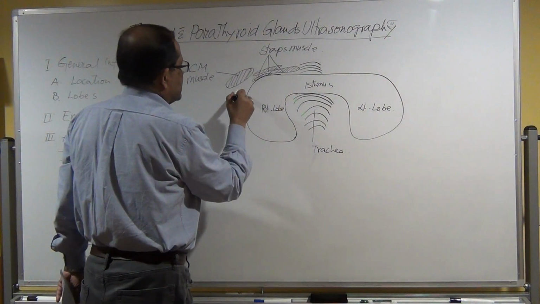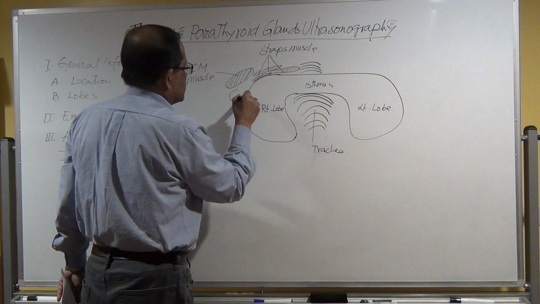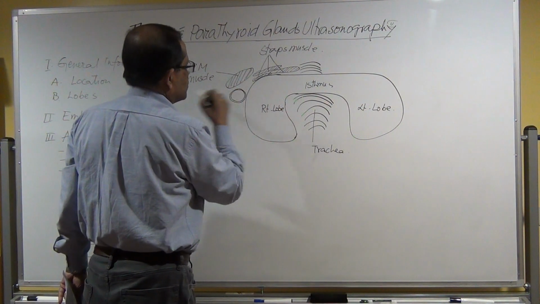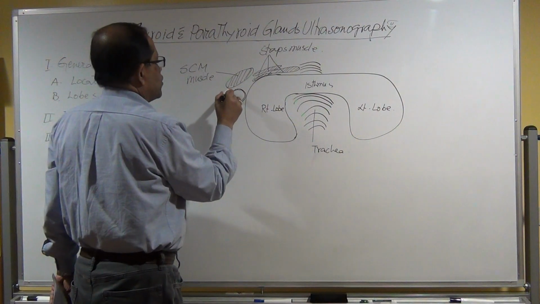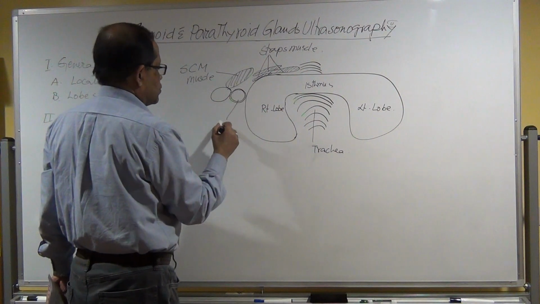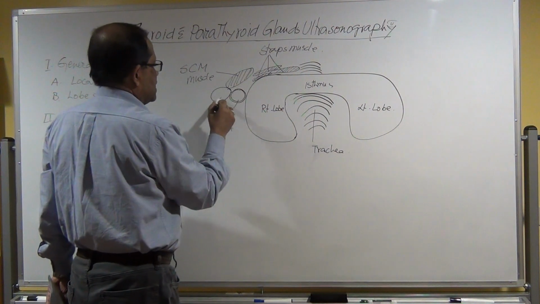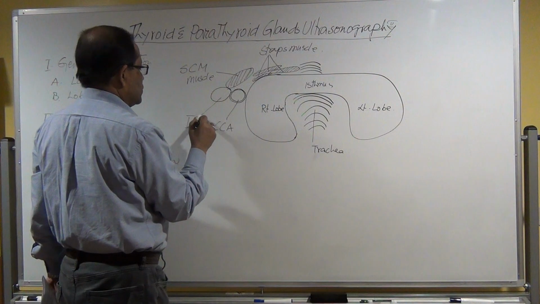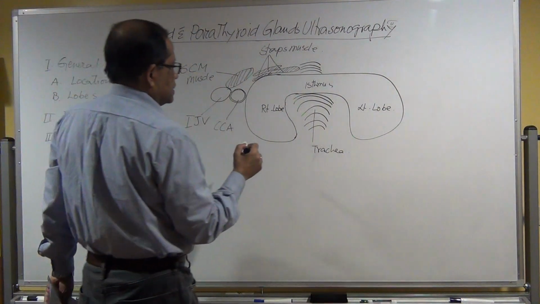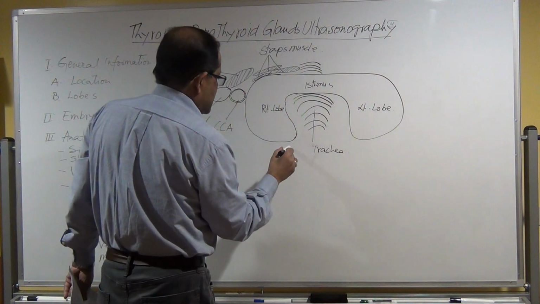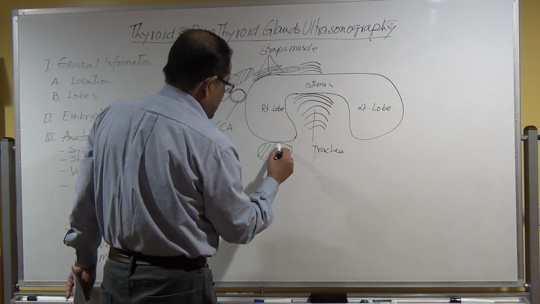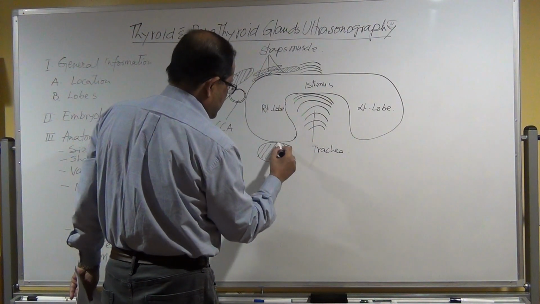Then you will see common carotid artery and the jugular vein. So this is common carotid artery and this is internal jugular vein. Then you will see the transverse view of the longus colli muscles.